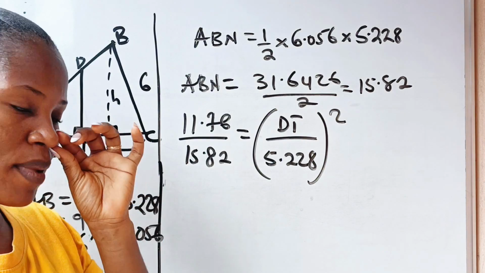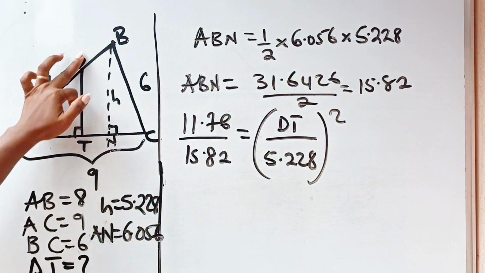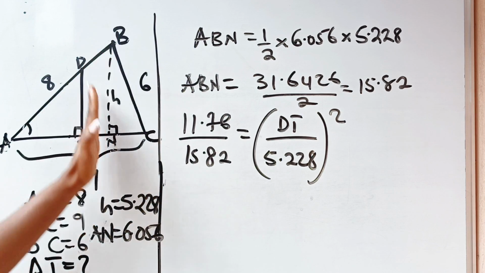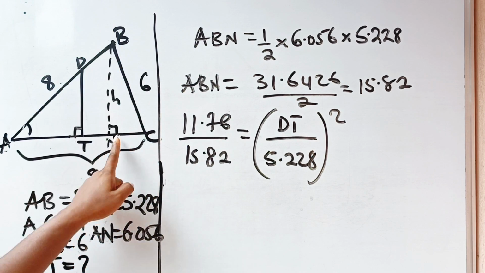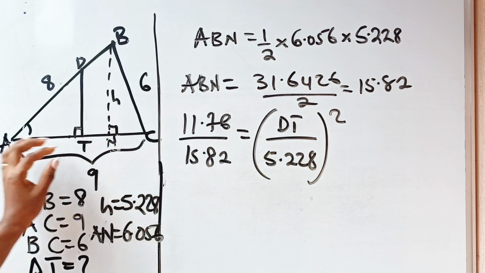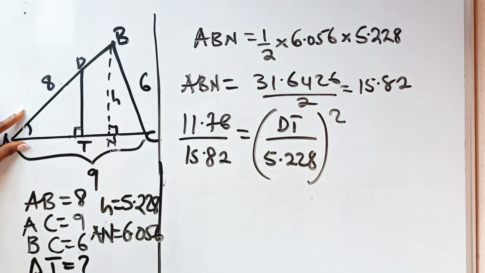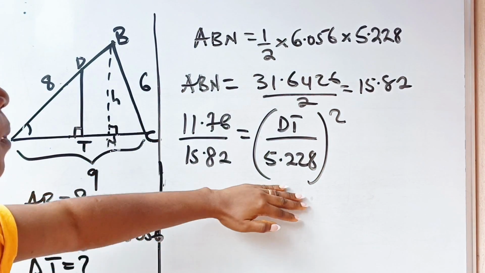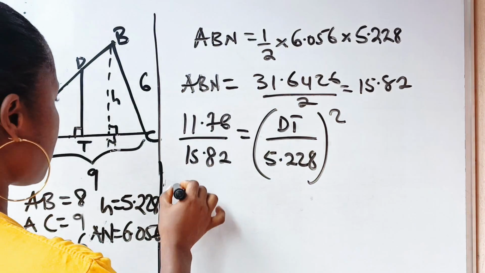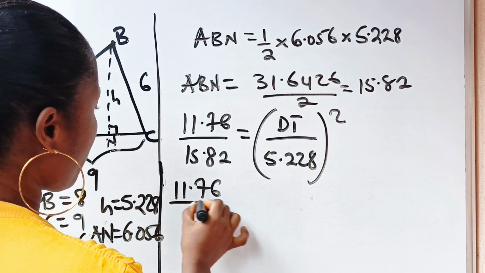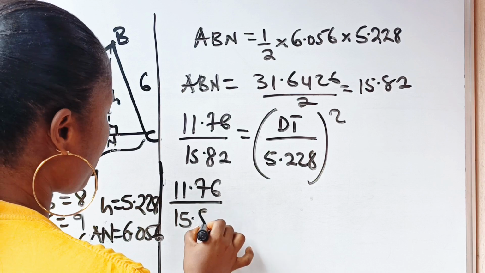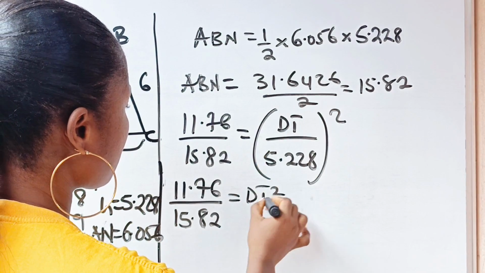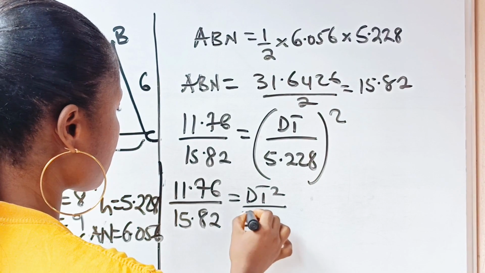Some of you will ask in the comment section, how is triangle ADT similar to triangle ABN? They are similar because their sides are parallel to each other. This is 90 and this is 90. They are parallel and they have a common angle, which is A. So that makes both of them similar triangles. Now back to what I was doing. So we write this as 11.76 divided by 15.82 is equal to DT squared divided by 5.228 squared.